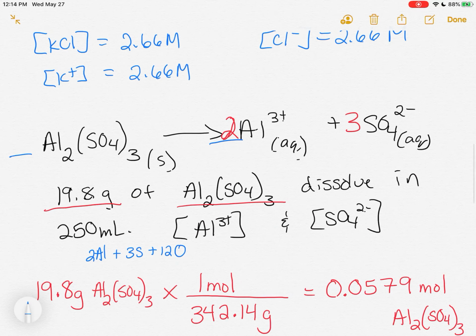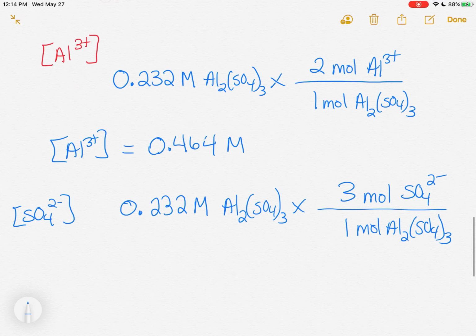Okay, and again, that's just going back to our reaction and looking at the 1 to 3 mole ratio. All right, so that means that our concentration of the sulfate ion is 0.696 moles per liter. So that's our sulfate concentration.